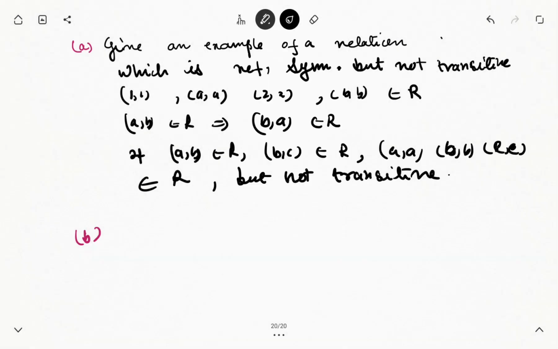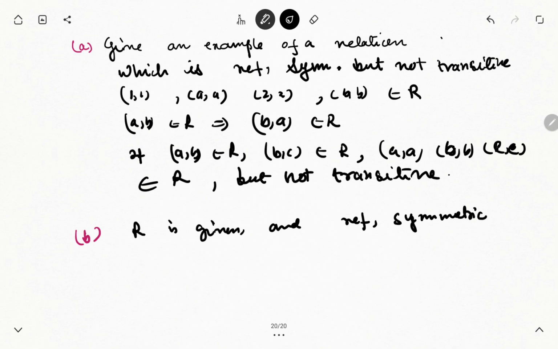And you will get a question in the NCERT book, first exercise, where R is given, and either it is given reflexive, symmetric, you can check whether it is symmetric or reflexive or not, but it is written in the answer that it is transitive.